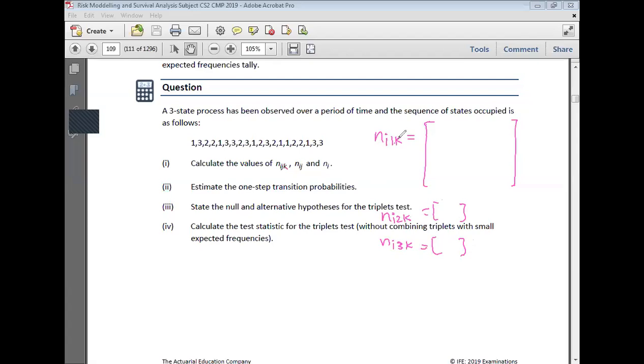So I know I have 2 unknowns, i and k, and I have a row and I have a column. Consistently, the first unknown that you have will be in the rows, and the other unknown will be in the column. So you are going from row to column. Okay, so here it might create confusion, because what I'm considering here is Nijk, so you go from i to j in one step and you go from j to k in another step.